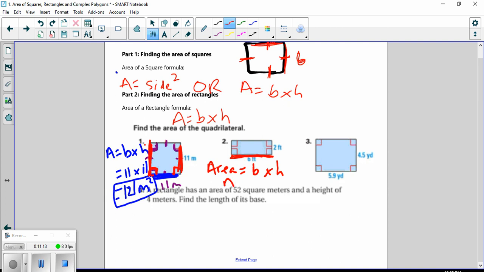So the area is 6 times, and then the height, remember the height is always perpendicular to the base. So we're looking for this little right angle symbol. So the height here is 2. So 6 times 2. So that is 12. And our units here are feet. So this is 12 feet squared. So this is your area for that one.